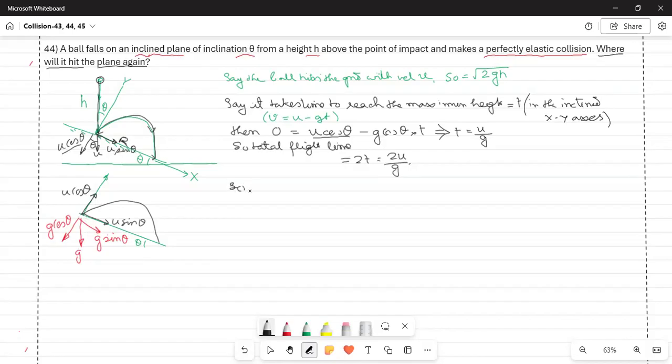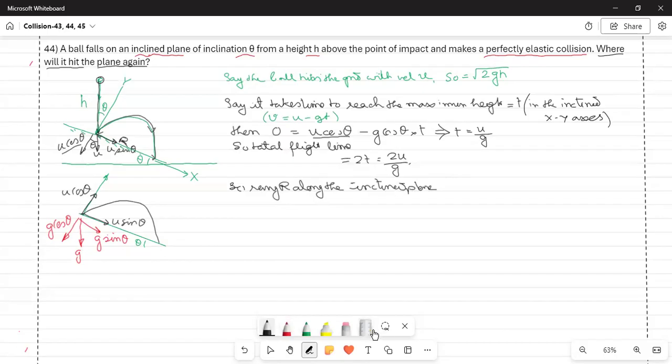Say the range is R along the inclined plane.